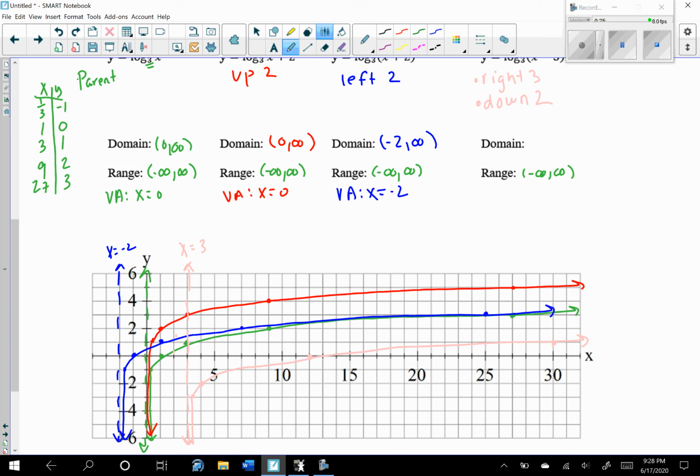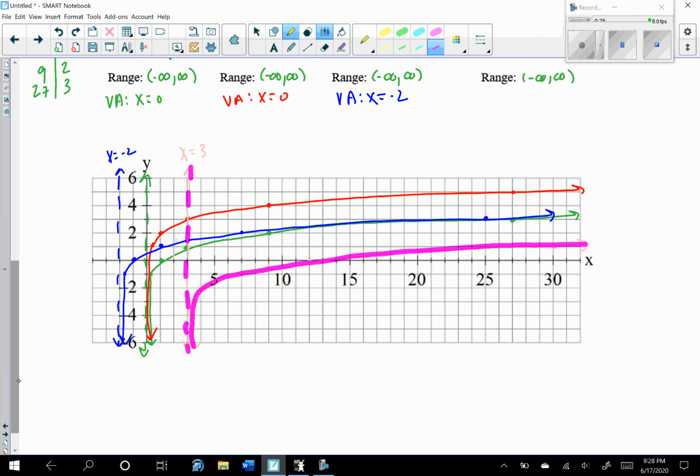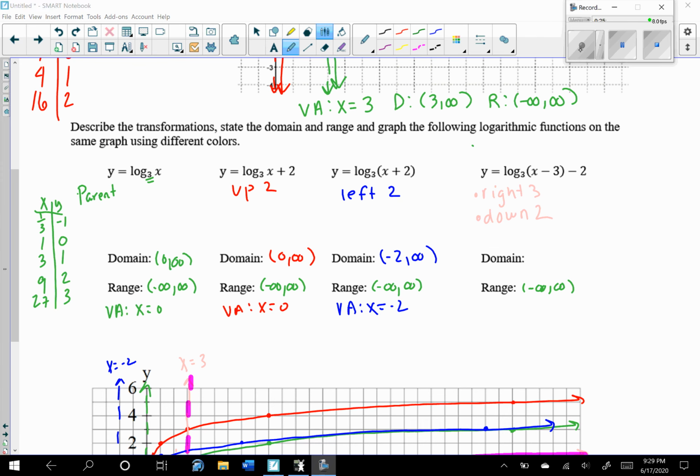So I'm going to go ahead and use my highlighter to highlight it so you can see a little better that it's this graph right here. And this was the asymptote. And that would be all of my graphs graphed together. So the vertical asymptote is x equals 3, and the domain would be 3 to infinity.